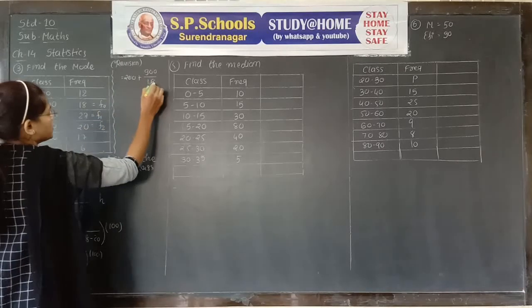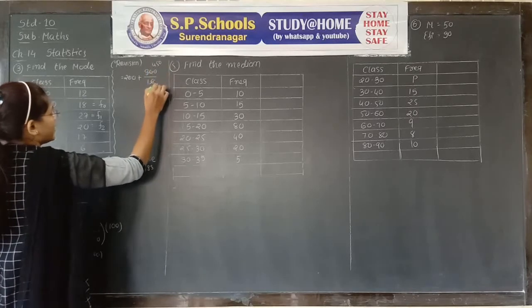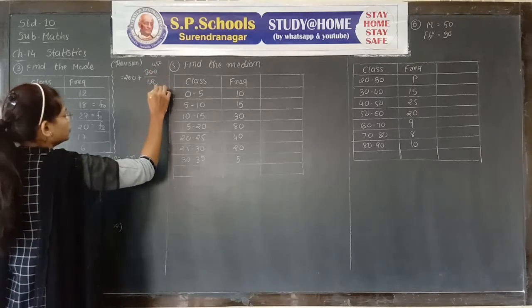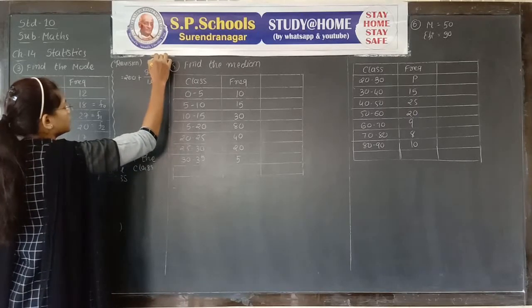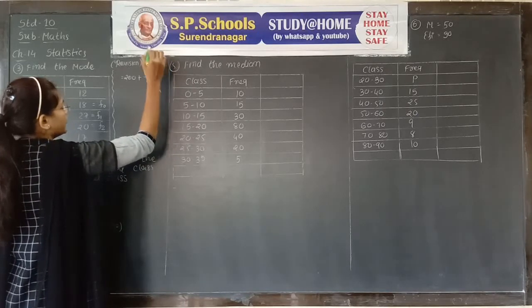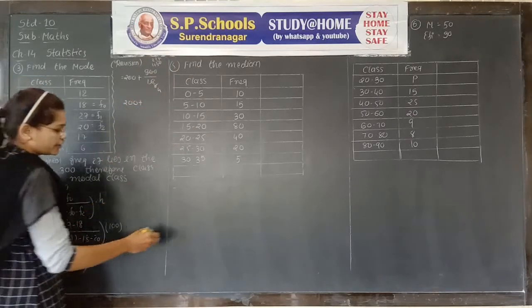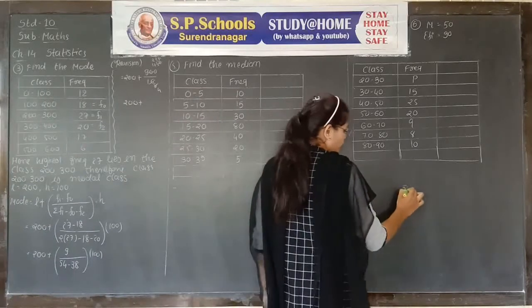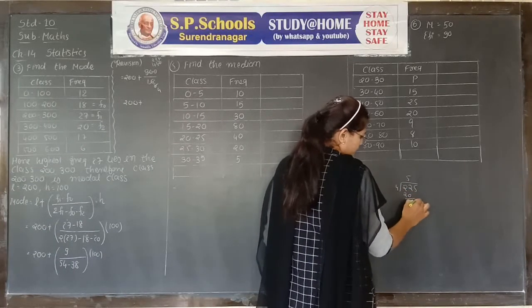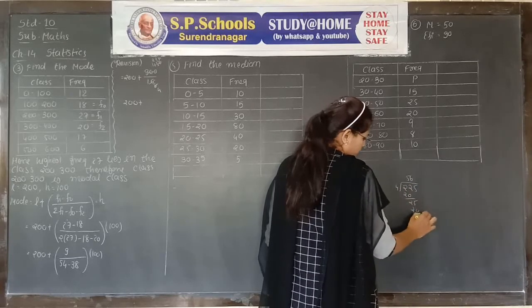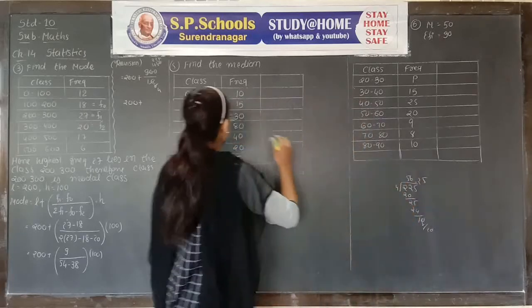Now cut is possible by 2: 8, 450. Again by 2: 4, 225. 200 plus 225 divided by 4. 225 divided by 4 is 56.25.